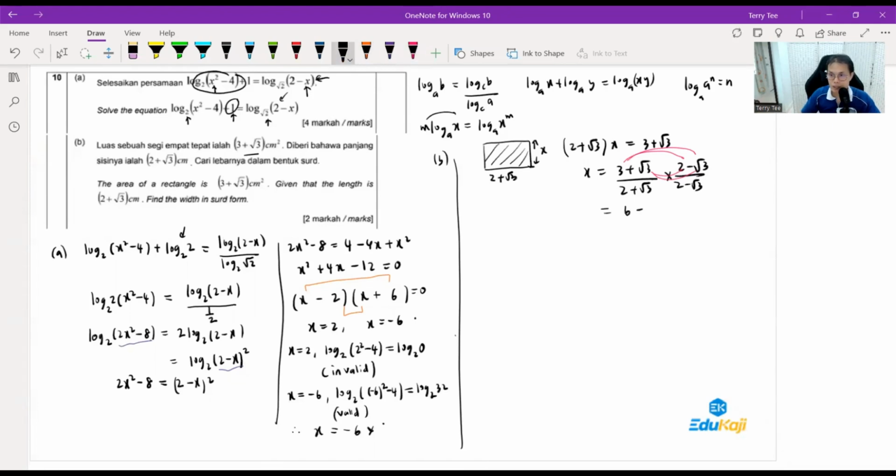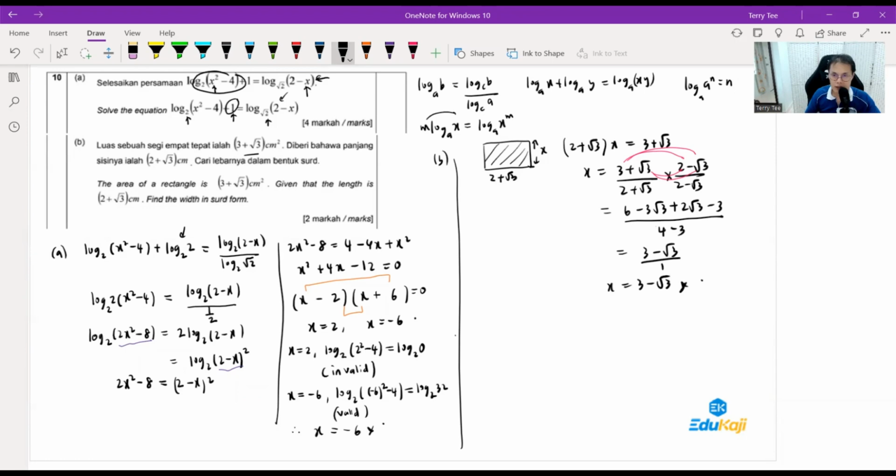This will be 6 minus 3 square root 3 plus 2 square root 3 minus 3. Divide by your denominator, 2 plus square root 3 times 2 minus square root 3. When you expand, 2 squared is 4, square root 3 squared is 3. Let's simplify this. 6 minus 3 is 3. Minus 3 plus 2 is minus 1, so minus 1 square root 3, over 1. Therefore, my x, or the width, is just 3 minus square root 3.